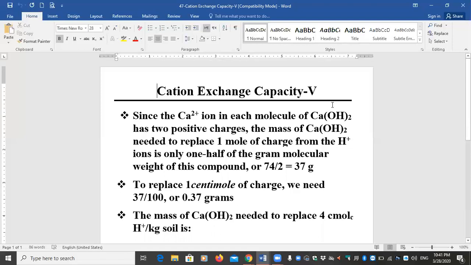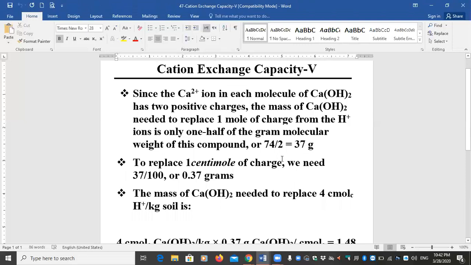But I want only 1 mole of charge. So I take only half of this. That's why we divided over half. So half a mole will give us 1 mole of positive charges coming from calcium. So that is 37 grams.